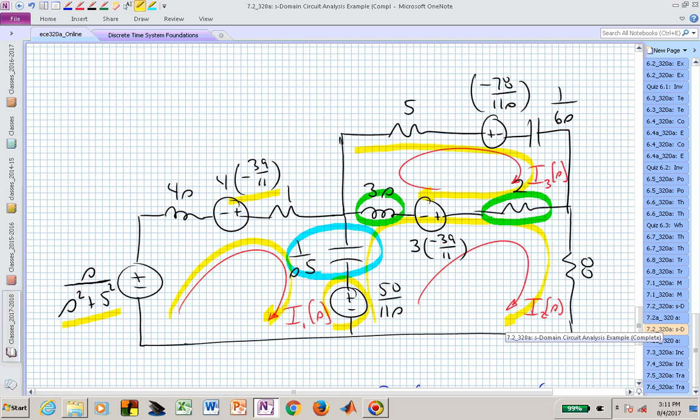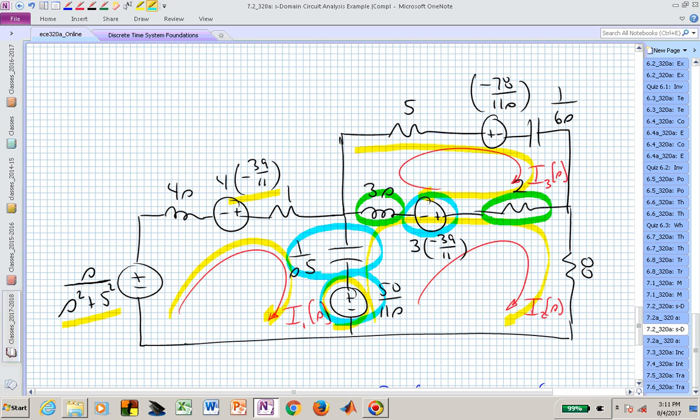What about current I sub 2? Well, in this case, if we increase that voltage source, that would serve to increase I sub 2. If we increase this voltage source, that likewise would serve to increase I sub 2.